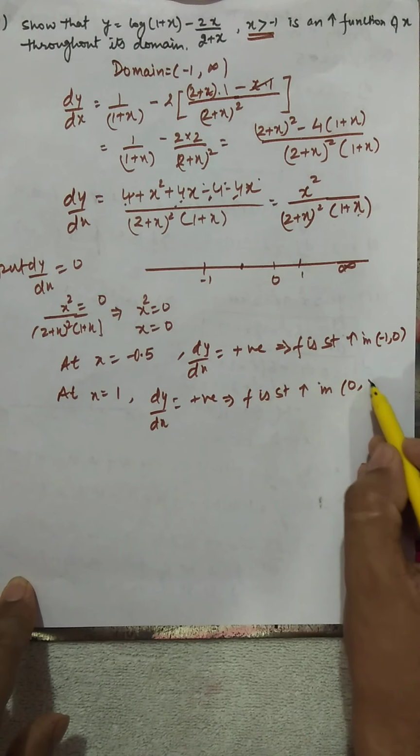So you can write in one line that f(x) is strictly increasing in its domain, and you can see that the domain is -1 to infinity. So this way you can see how we have got the solution of this question.